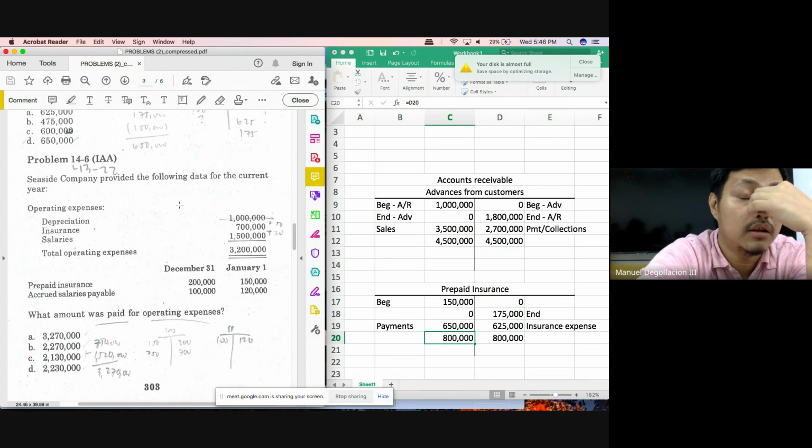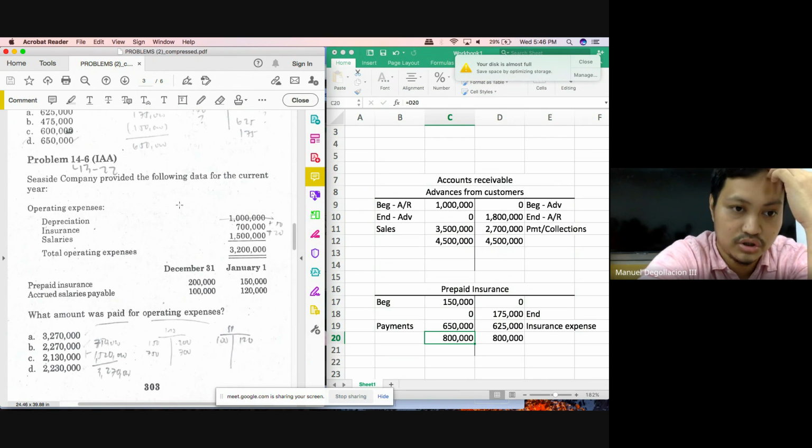It decreased. So that means payments were greater or lesser, class? Greater. Okay, your liabilities decreased. That means your payments were greater than your actual salaries expenses. So if you're looking for your amount of payments, what do you do with the 1,500,000? Increase it by the amount of decrease in your accrued salaries.